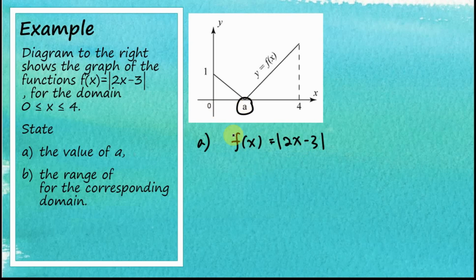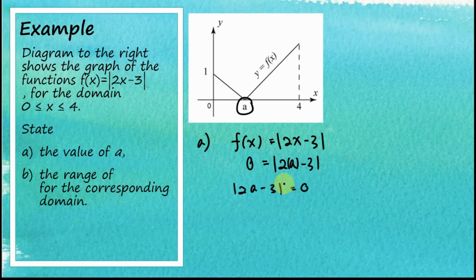So we substitute f(x) with 0. Modulus 2 times a, because the object is a, minus 3. So modulus 2a minus 3 equal to 0.